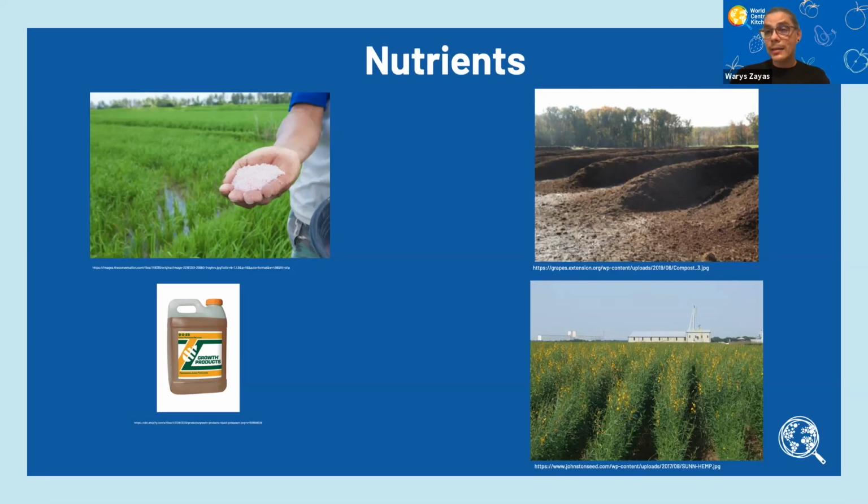Okay. At the bottom left side of your screen, you see these plants, and those are specific plants named sun hemp. Sun hemp is one variety of cover crops. Cover crops are plants that you use to improve the fertility of your soils, especially when you're using plants from the Fabaceae family.